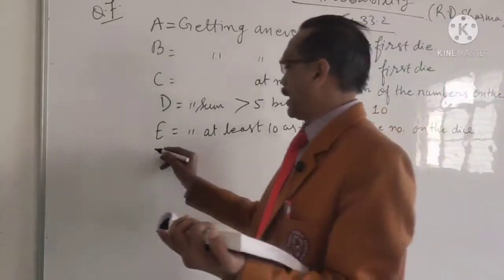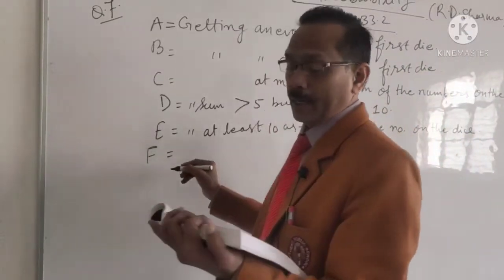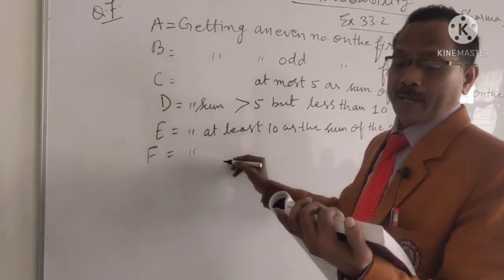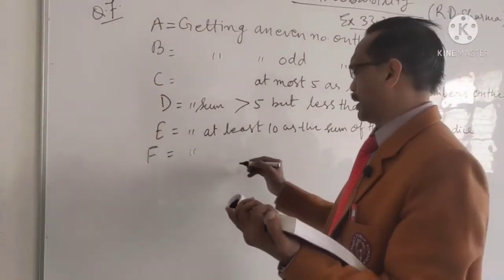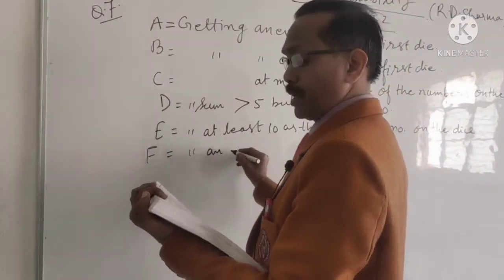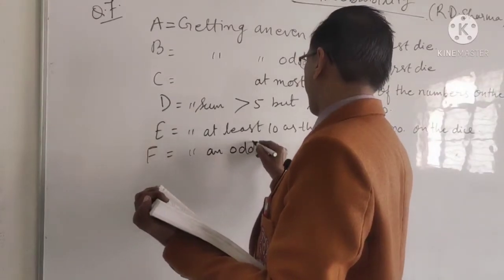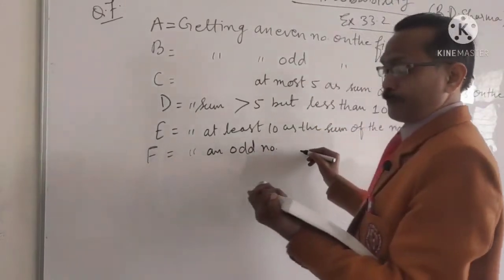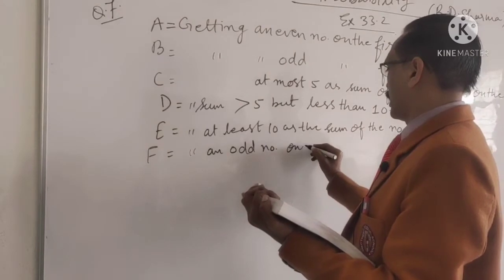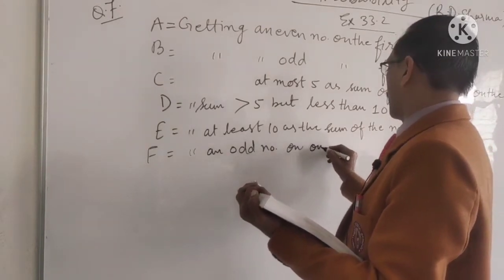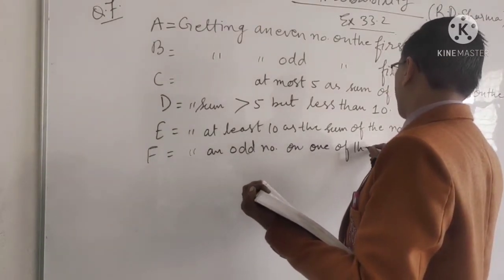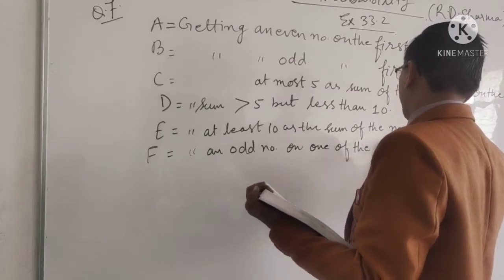And F is the last event, getting an odd number on one of the dice.